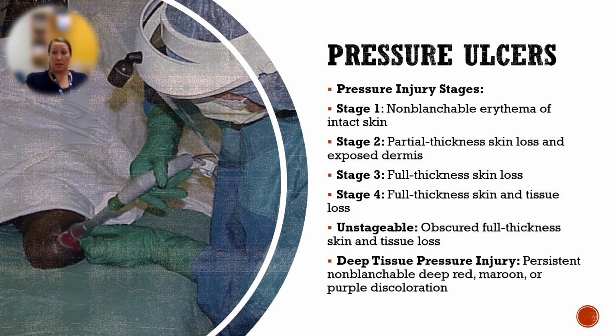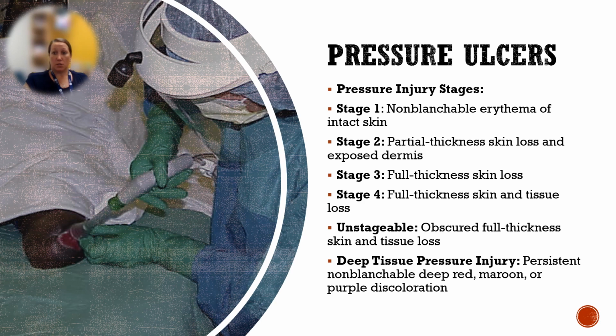Slough and or eschar may be visible. The depth of tissue damage varies by anatomical location. Areas of significant adipose can develop deep wounds. Undermining and tunneling may occur, which is exactly what that means. There can be tunneling of deeper tissues. Fascia, muscle, tendon, ligament, cartilage, and or bone are not exposed.